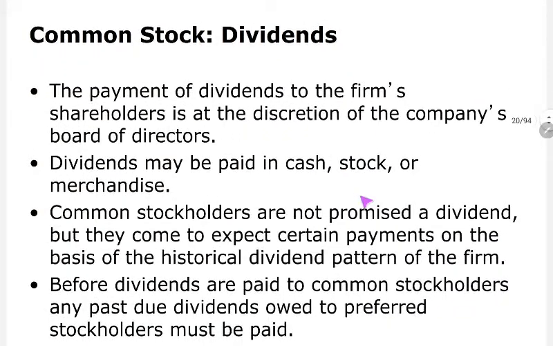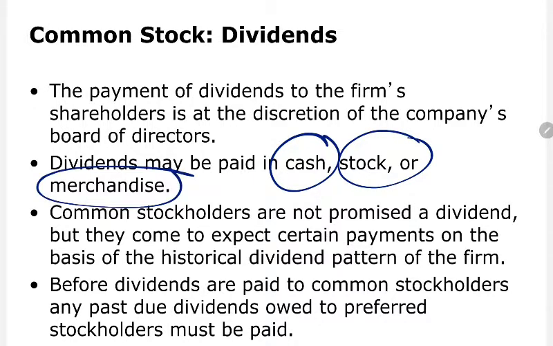Now, this one would be talking about the type of dividends, and it can be cash, stock, or merchandise. Ito yung mga property dividends pagka sa merchandise. And kita niyo sabi dito, before dividends can be paid to common stockholder, dapat daw magbabayad muna sa kay preferred stockholder.